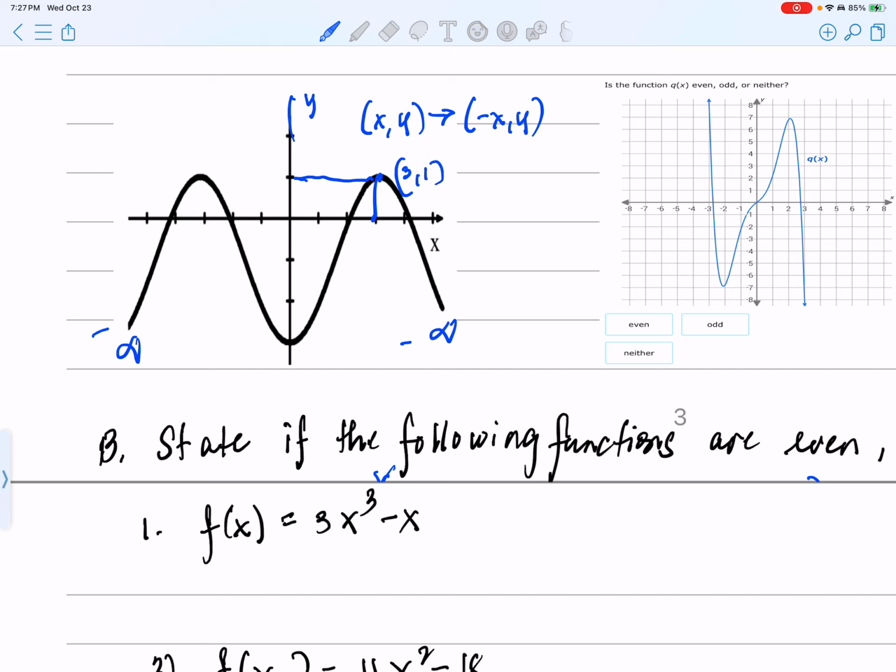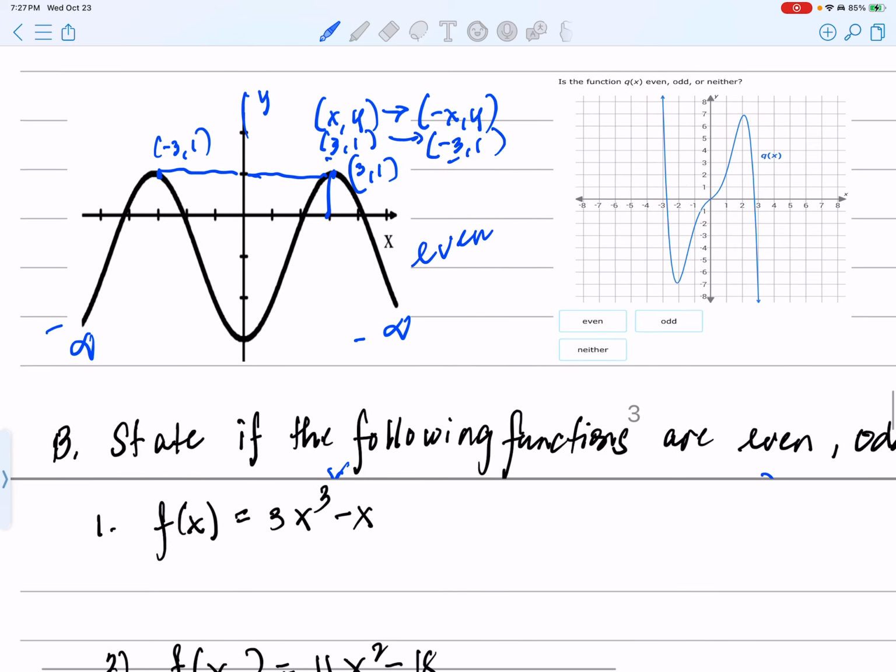And this point right here, 1, 2, 3, -3, and 1. So (3, 1) maps to (-3, 1). Does it answer the condition? Yes. So this is an even function.